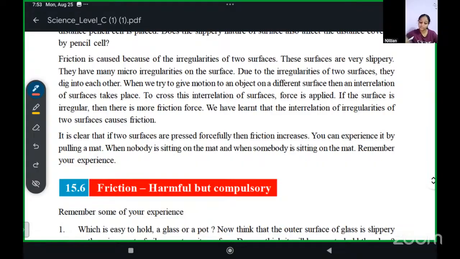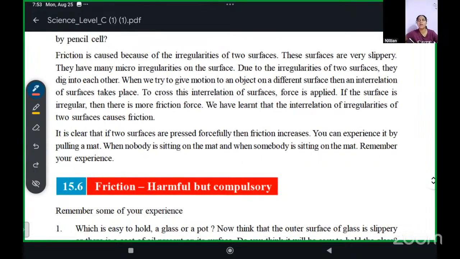Also, when racers or runners wear shoes which have a surface like this, and this comes in contact with the irregular surface of the ground, tell me what happens.